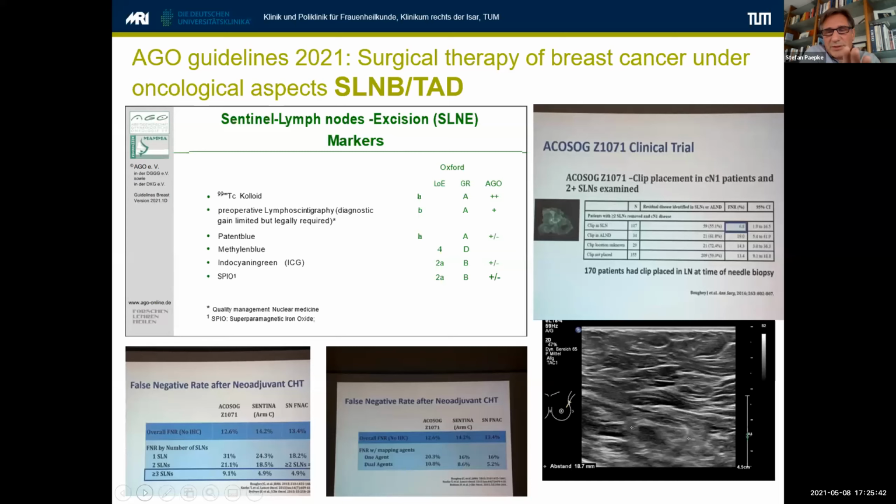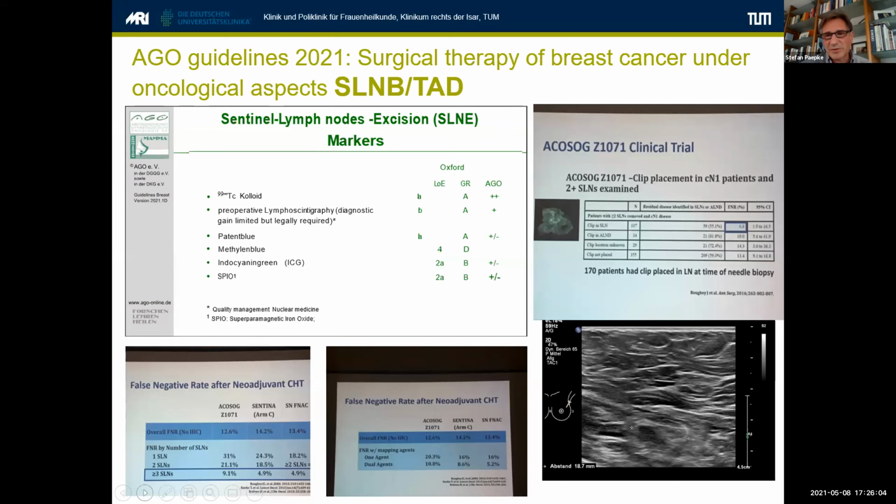We have the opportunities to lower the false negative rate. To take more sentinel lymph nodes, is that a good idea? You are then in the area of axillary dissection, and that is where we came from. Targeted surgery, targeted surgery, targeted surgery.